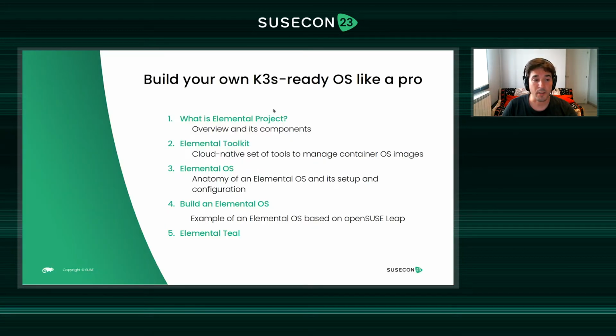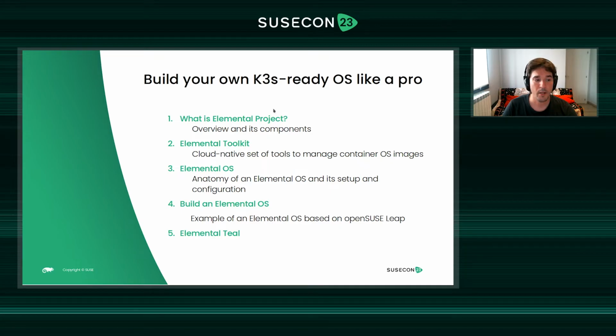This presentation is divided into five sections. In the very first one, we're going to look at what the Elemental project is, a quick overview of the project and its components. Then we're going to look at the Elemental Toolkit, which is the central piece of this presentation. Following that, we're going to see the anatomy of an Elemental OS, which is basically the outcome of using the Elemental Toolkit.